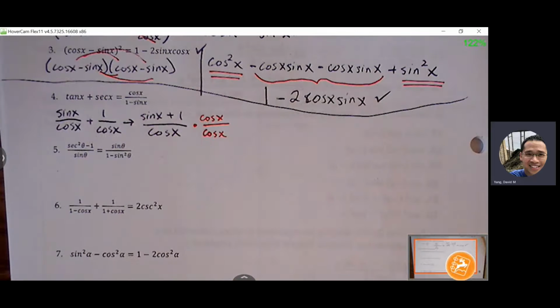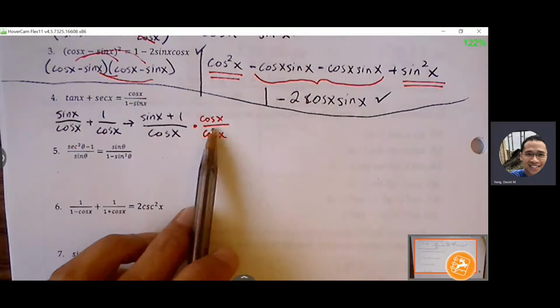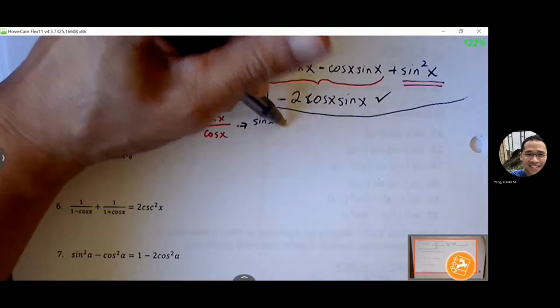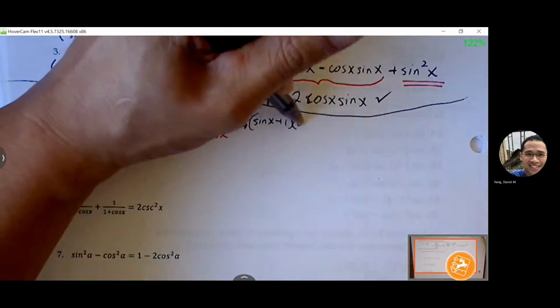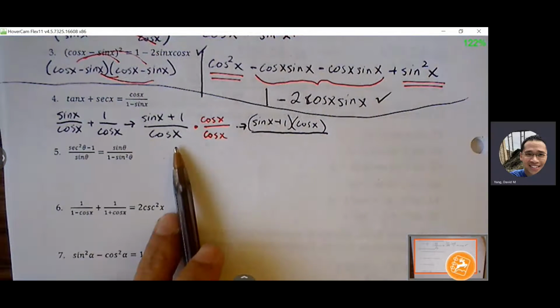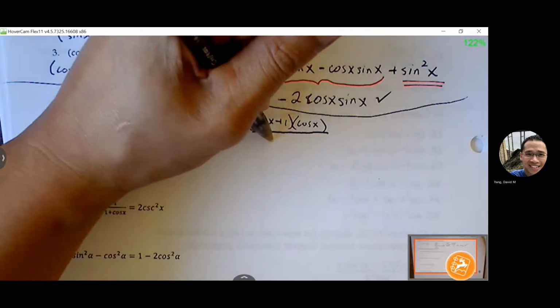Numerator, let's do the numerator in factored form. I want to distribute that through because it's helpful to be separate. Denominator becomes what? Cosine squared.